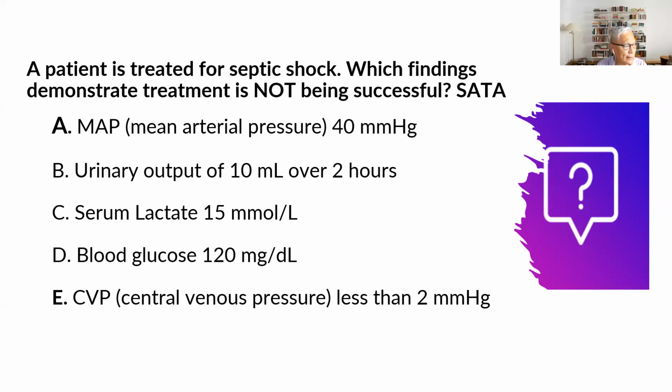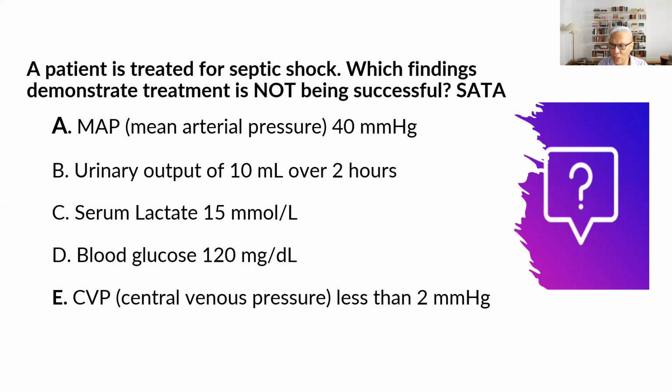A serum lactate of 15. What did we say was the normal lactate? All right, so less than 2, right? And if it's 4, we're going to activate the rapid response team. So this is really elevated. So this also is not going to be a good one.